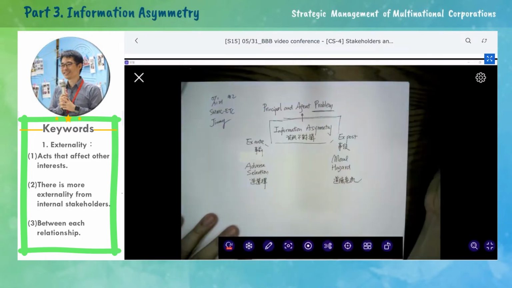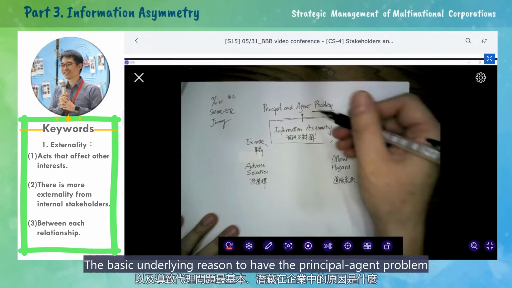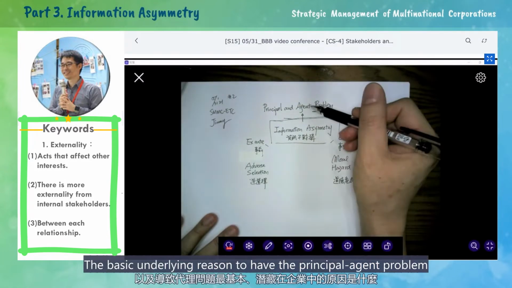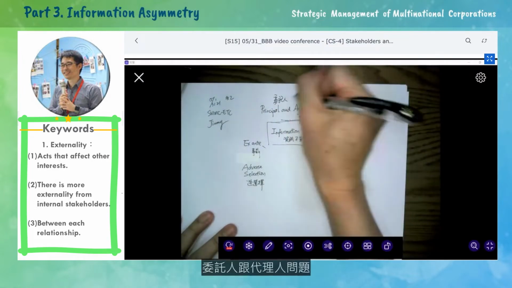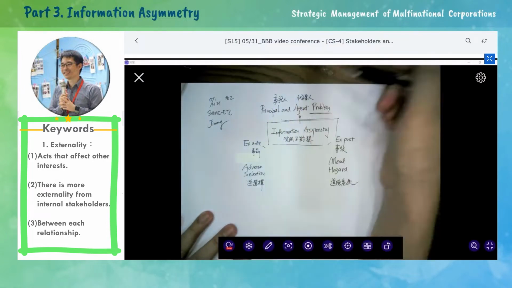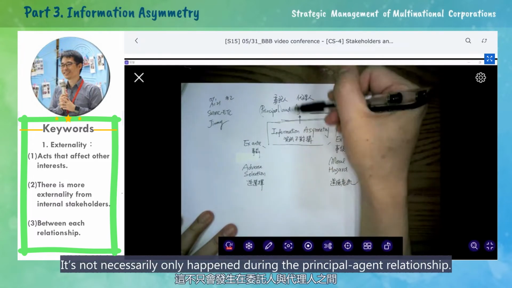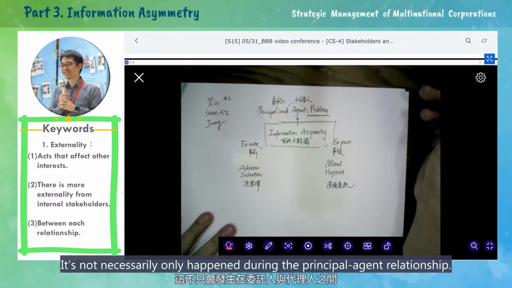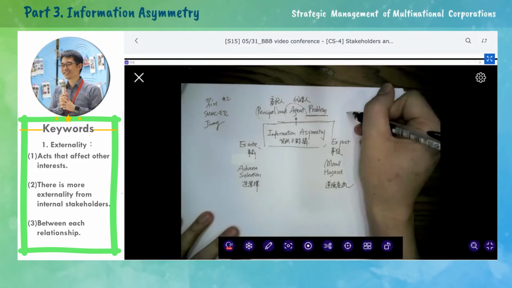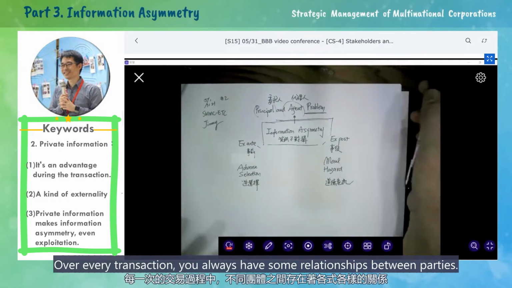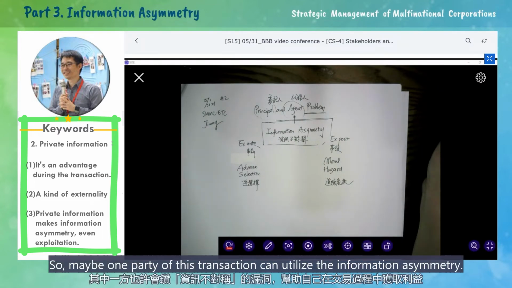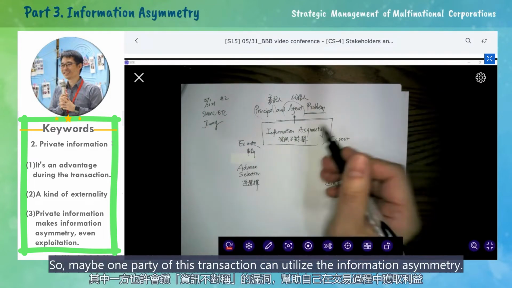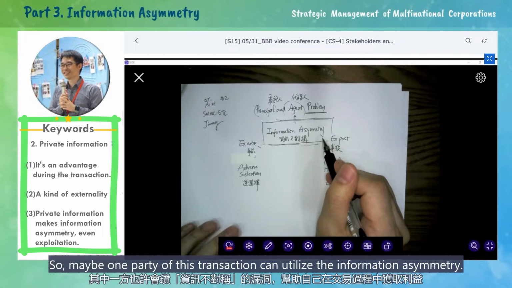The basic underlying reason for the principal and agent problem does not necessarily only happen within the principal and agent relationship. Over every transaction, we always have two parties: a buyer and a seller. So maybe one party can utilize the information asymmetry.